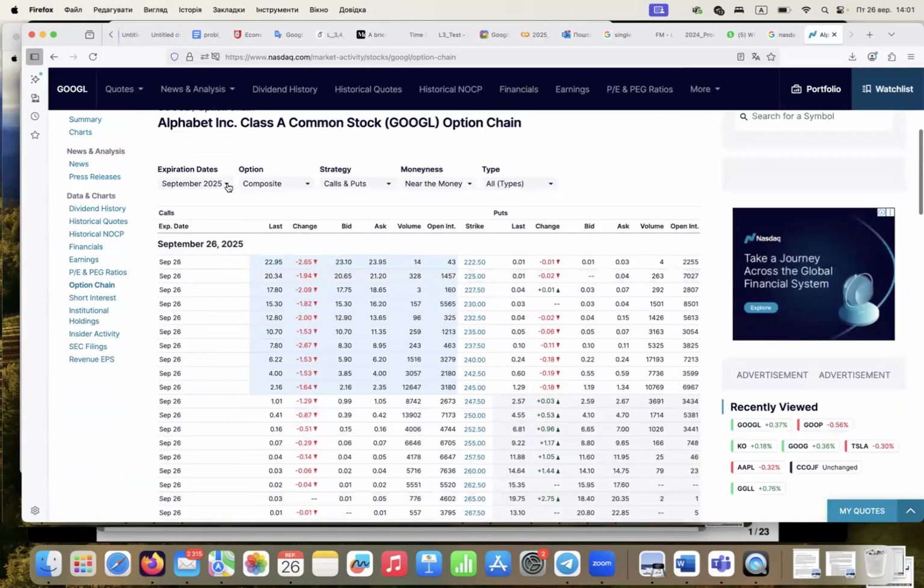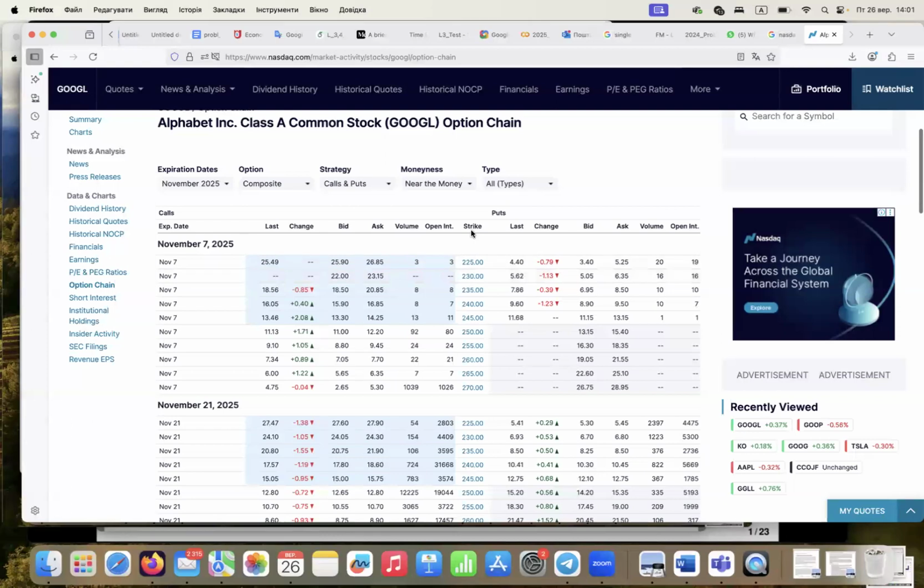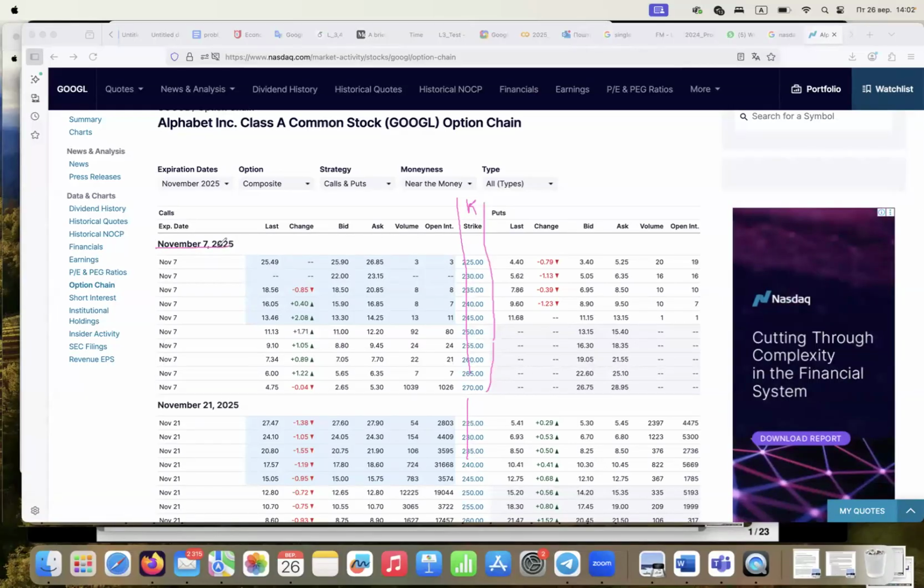The date maybe November, and you see this column, and it means strike price. Strike price, and we denote this like K. So this column is our strike price for this date, November.